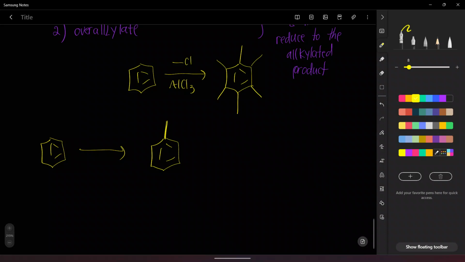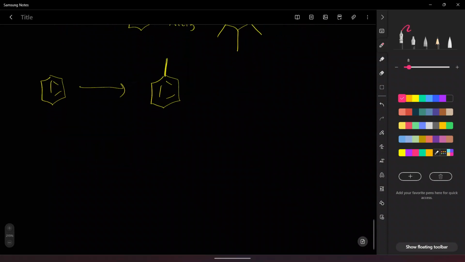So what I could do, right, because I know I'm not going to be able to do that in one step, but what I can do is I can first put on that, right? And this is an electron withdrawing group. And because it's a withdrawing group, it's actually a deactivator.